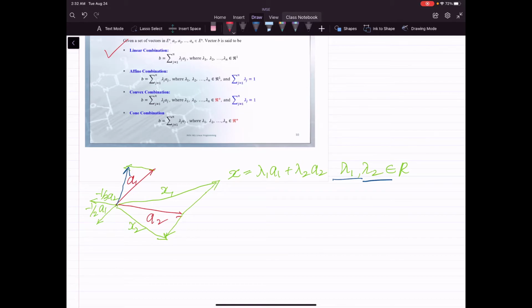Let's take a look at the second, affine combination. Affine combination uses the same concept, but here I have one more restriction, called lambda 1 plus lambda 2 equals 1. Let's do that.